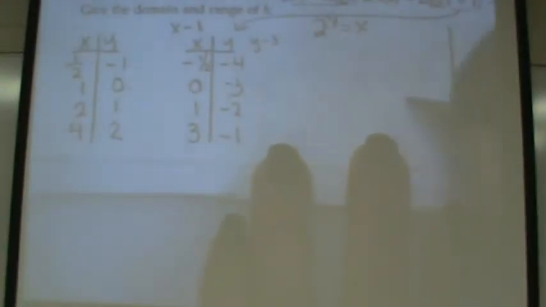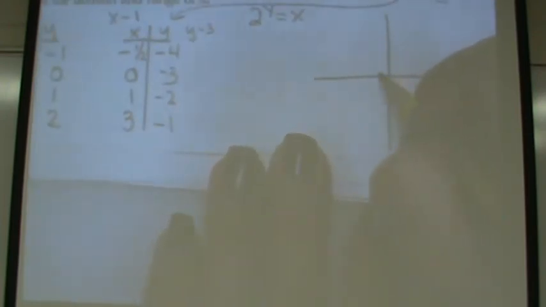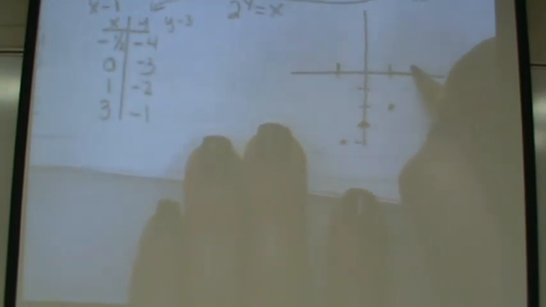Here's your thing. You're going to go over, let's say that's 1, over a half and down 4. Over 0, down 3. Over 1, down 2. Over 3, down 1.